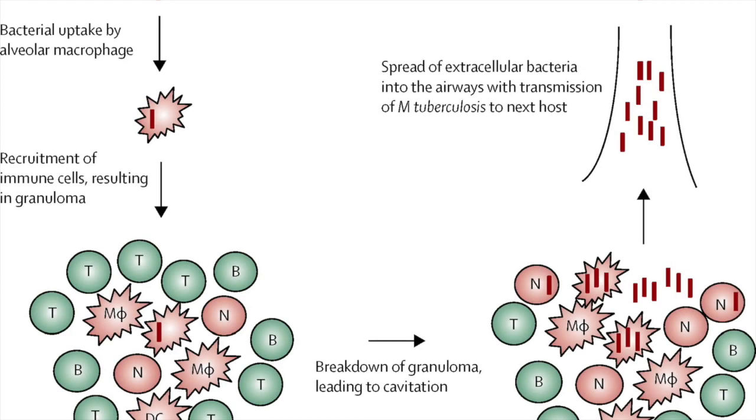Well, I am spread by droplet transmission via the air when a contaminated patient coughs or sneezes. I am a large non-motile rod-shaped obligate anaerobe, a facultative intracellular parasite usually found in macrophages. The major virulence factor is located on the cell wall structure of Mycobacterium tuberculosis.